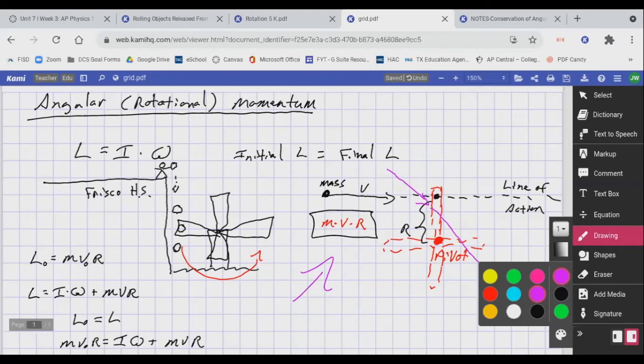So then we would measure it when it's 90 degrees to the pivot. How far is it from it? When would it be 90 degrees? Gosh, I want to draw it like here. There's my perpendicular. Your MVR is your mass times your velocity times the radius. And the radius is based on the line of action when it's 90 degrees to the pivot.